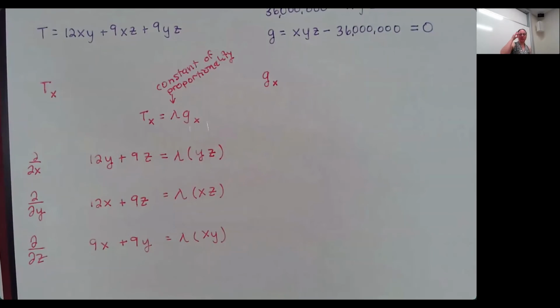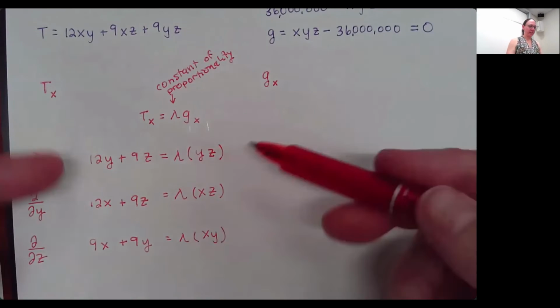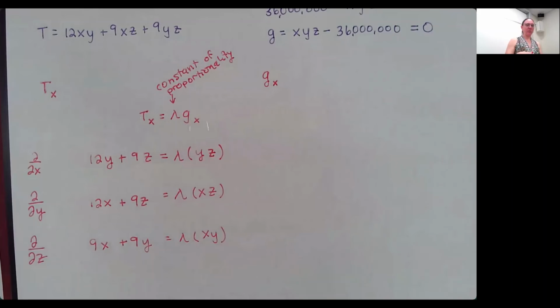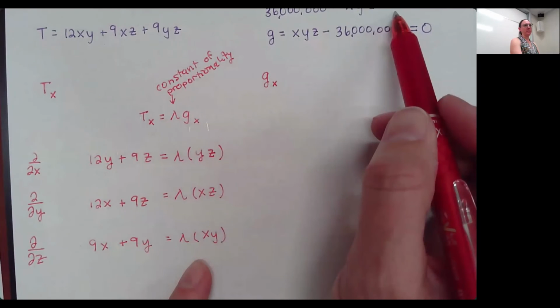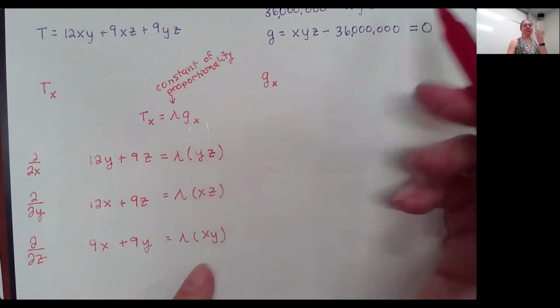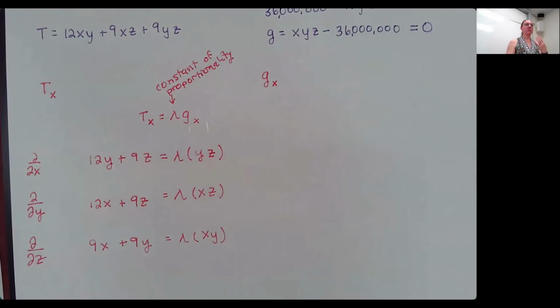Now the last equation, right? I've got four unknowns here: x, y, z, and lambda. The last equation is always our original constraint equation, in terms of having four equations for four unknowns.